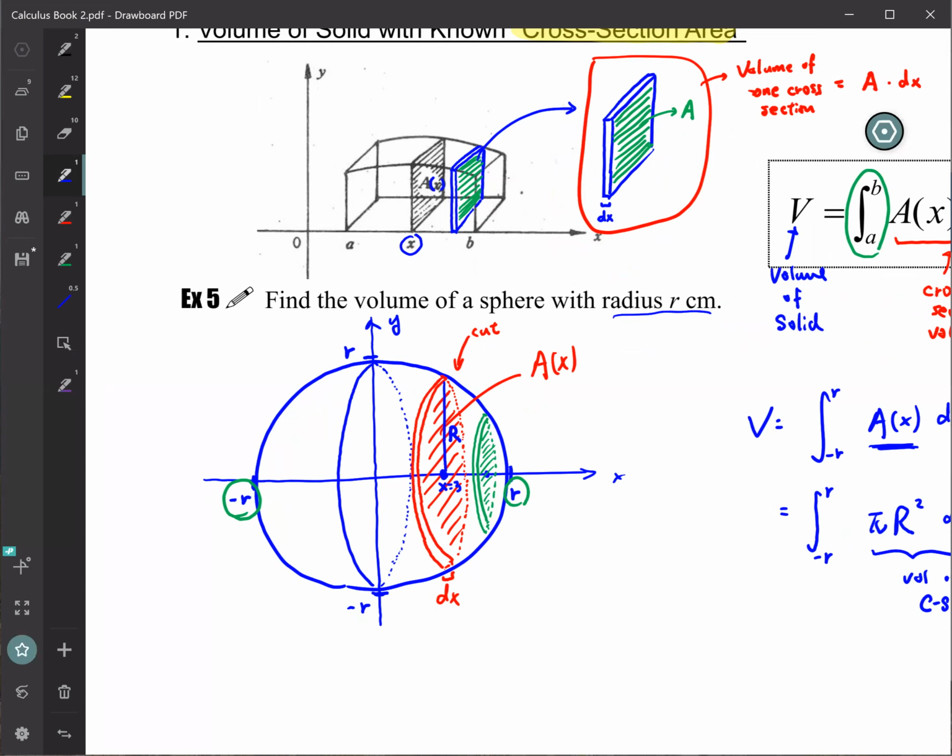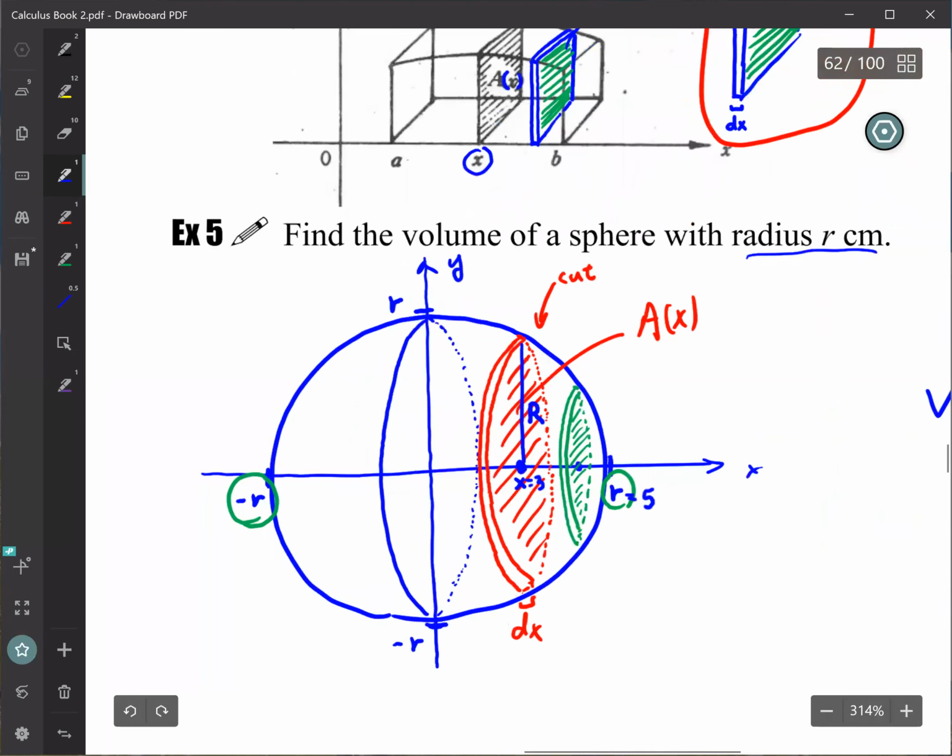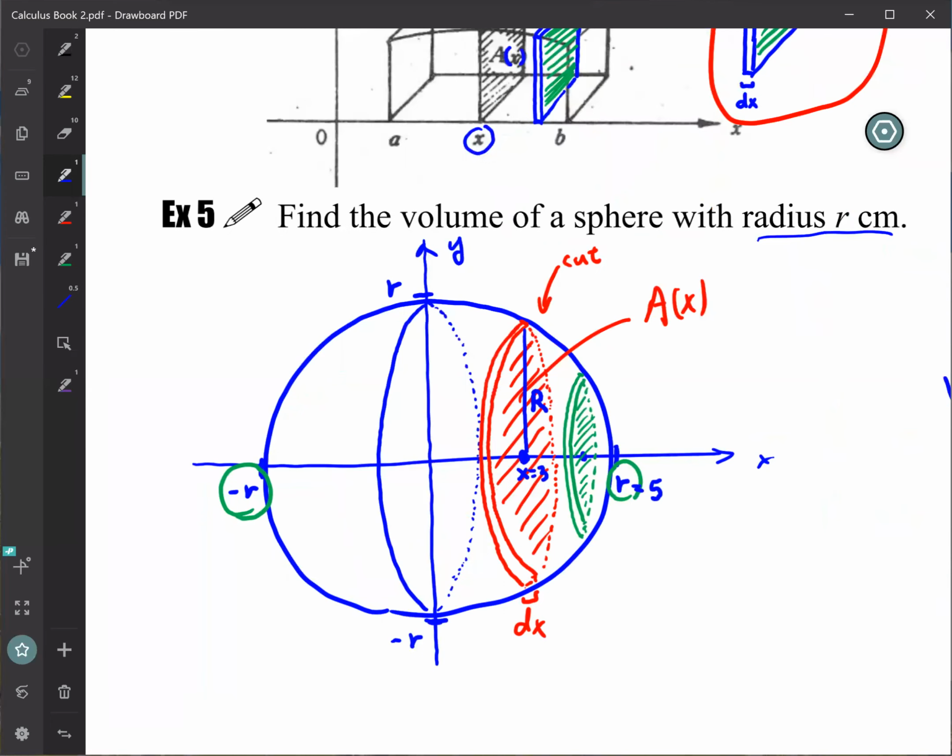If x equals 3, and the radius of the sphere is, let's say, 5, how can we find the radius of the red circle using these two pieces of information? I know the radius of the sphere is 5. Wait, area equals pi r squared, right?